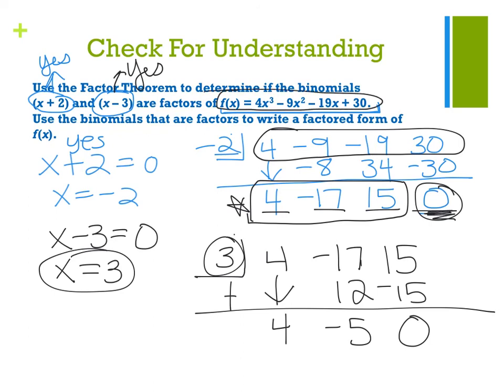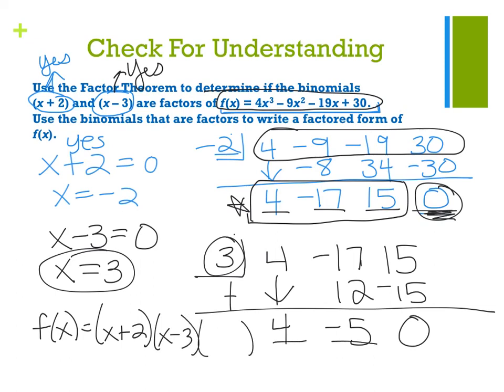And if we write f of x in factored form, one factor is x plus 2, the other factor is x minus 3, and then the last factor comes from these numbers that were left over. Again, this was my constant, and this would be the coefficient of x.